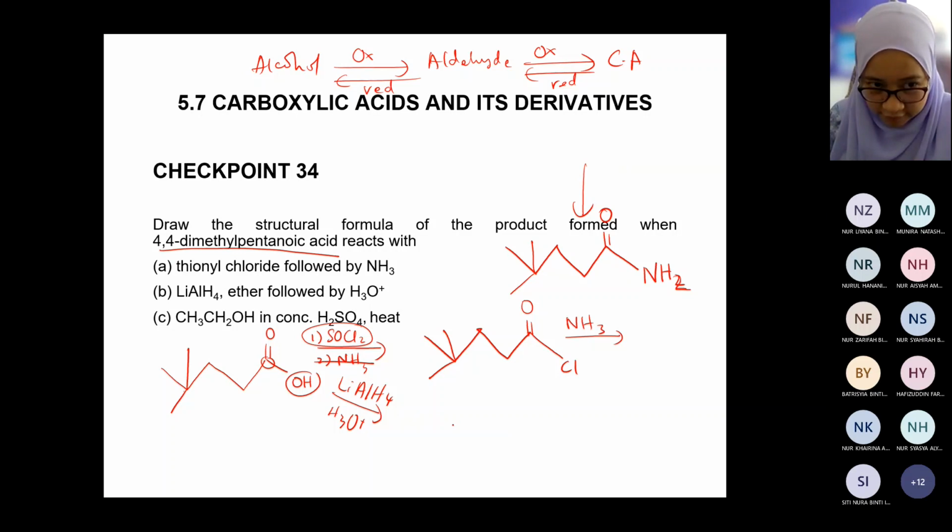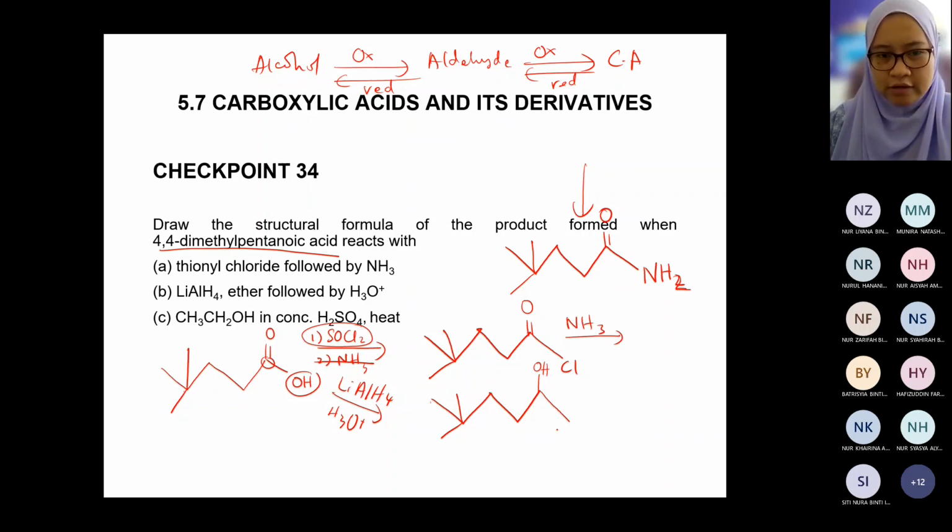So, okay, right. So at the O, this is OH, right? So here, the double bond will become OH.